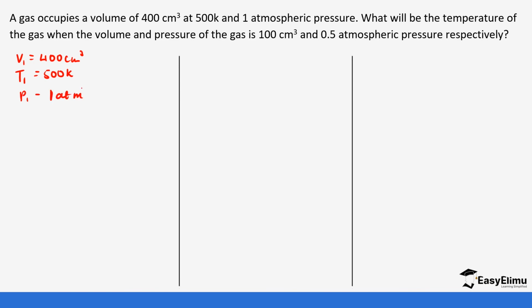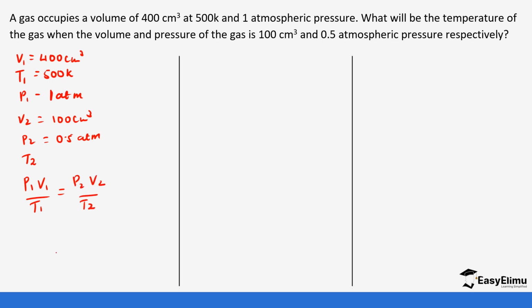What will be the temperature of the gas when the volume and pressure of the gas is? So we have volume 2, which is 100 centimeters cubed, and pressure 2, which is 0.5 atmospheres. We have been asked to calculate the temperature. So once again, we write the formula: P1 V1 over T1 is equal to P2 V2 over T2.